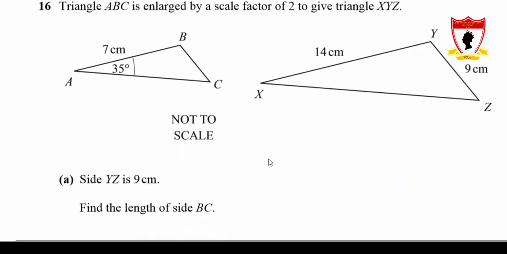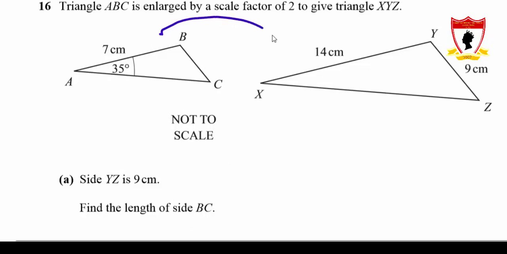Question 16. Triangle ABC is enlarged by a scale factor of 2 to give triangle XYZ. This diagram is not to scale. Side YZ is 9 centimeters. Find the length of side BC. So here everything is multiplied by 2.